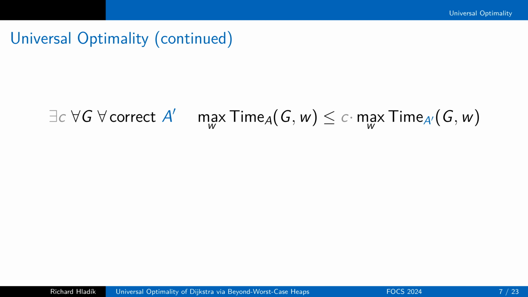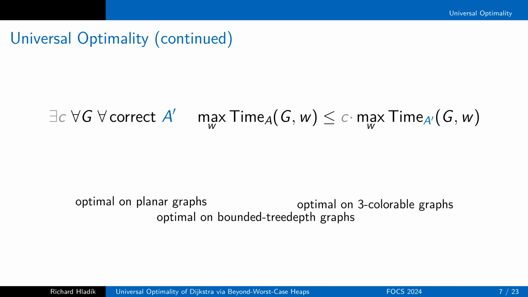Now, one different way of looking at it is through the lens of parametrized complexity. We like to have algorithms that are fast on, say, planar graphs or on bounded tree-depth graphs. And universal optimality can be thought of as the ultimate, most fine-grained guarantee that we can get.